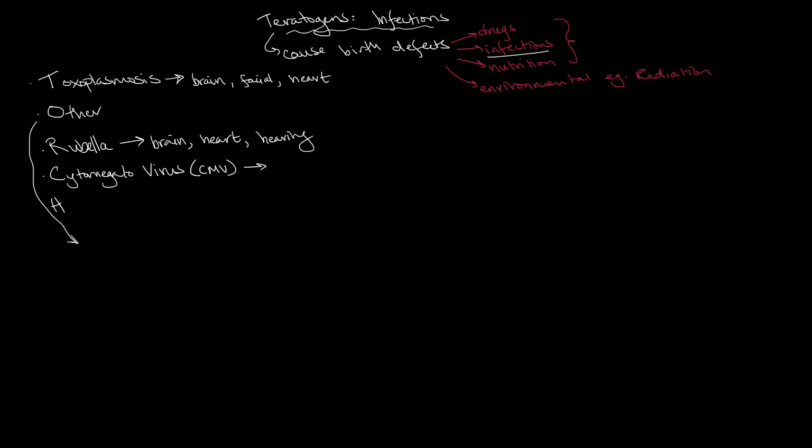CMV really targets the brain, so this causes a lot of congenital abnormalities of the brain. H stands for herpes simplex virus, and this also causes brain abnormalities as well.